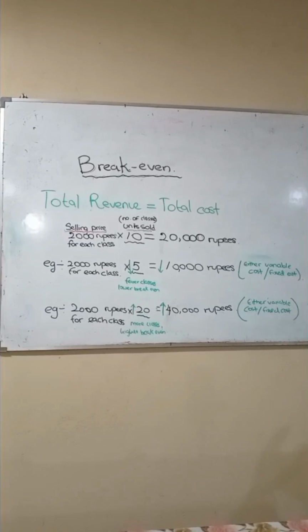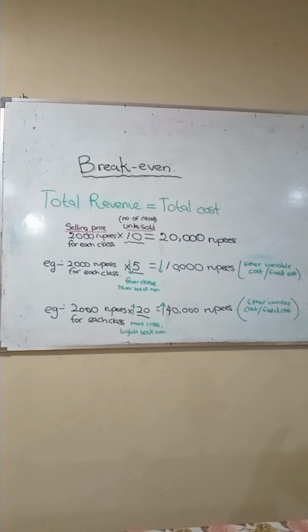Okay, so the next area is we also have to understand what will happen to the break-even level of output if our cost changes. For example, initially I charged 2000 rupees for each class and I had to do 10 classes in order to cover up my cost, which was 20,000 rupees.